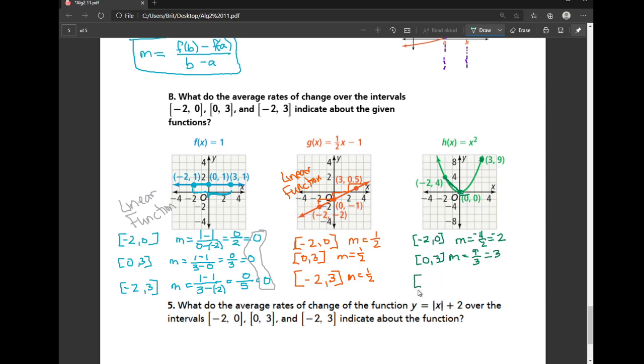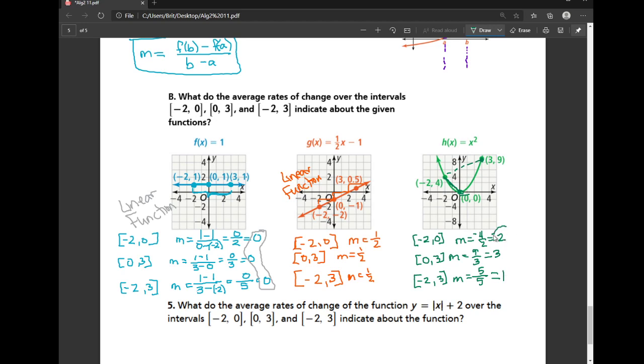Now if I look at the interval from -2 to 3, okay, so I'm checking out this kind of dotted line up here, I see that I'm rising by 5, and I'm also running by 5. So my slope here is 1.